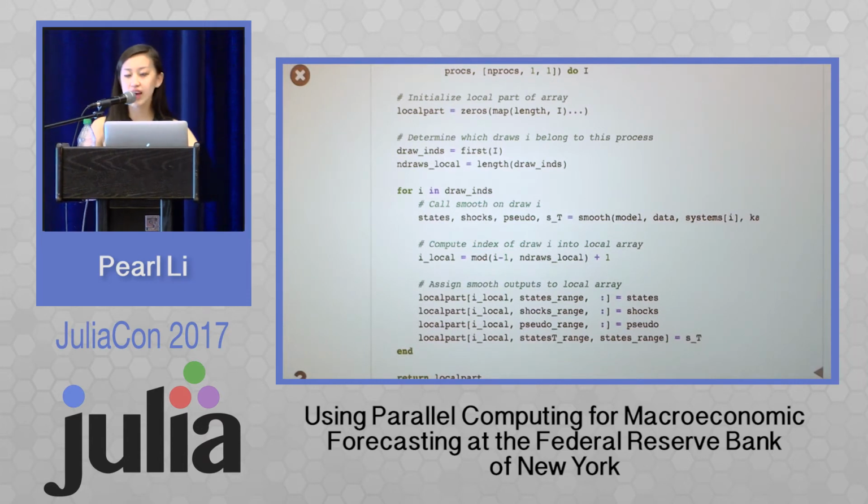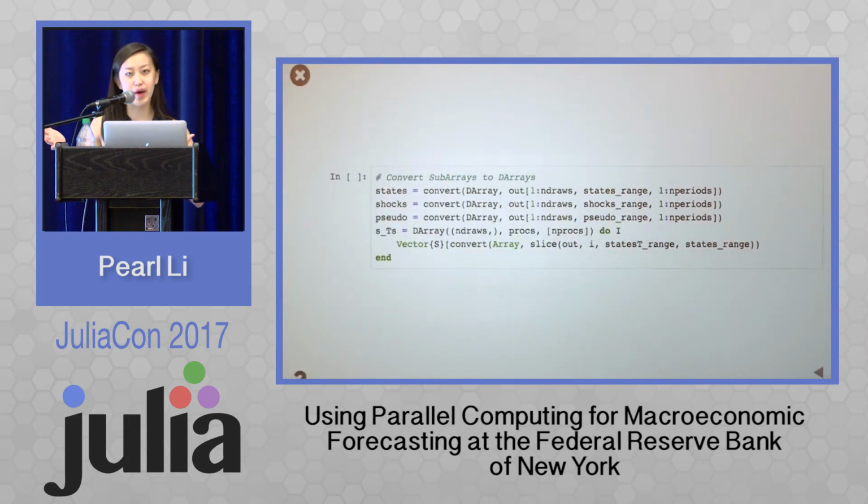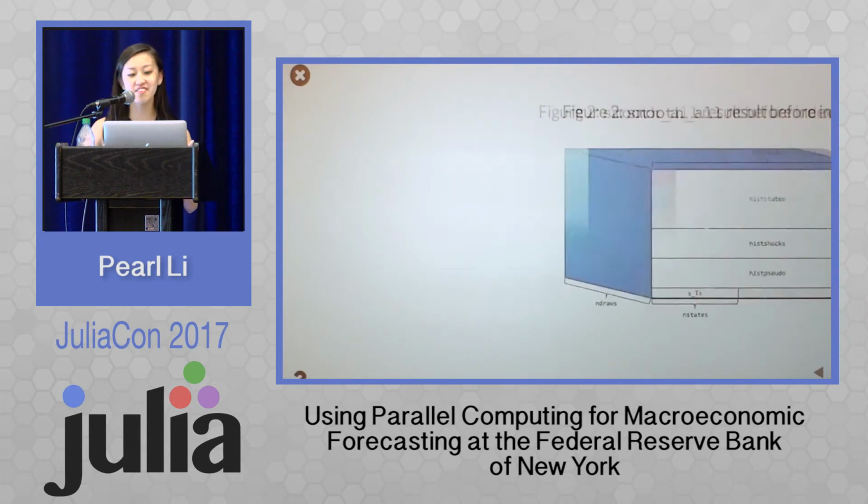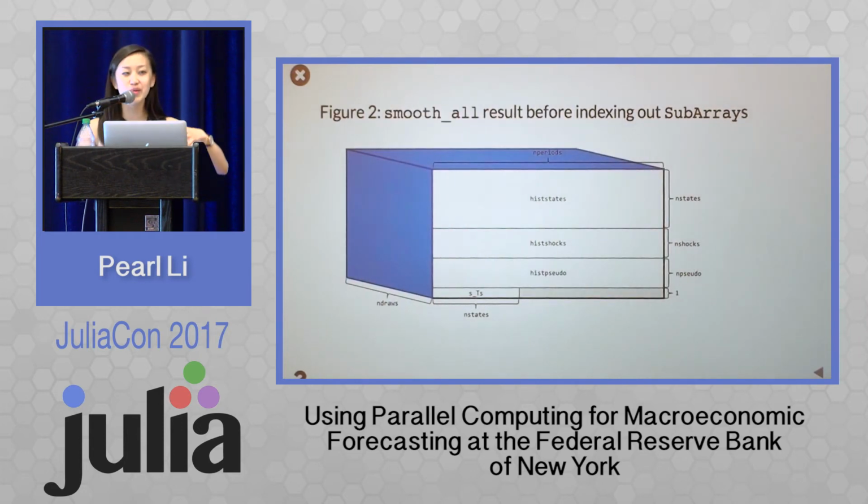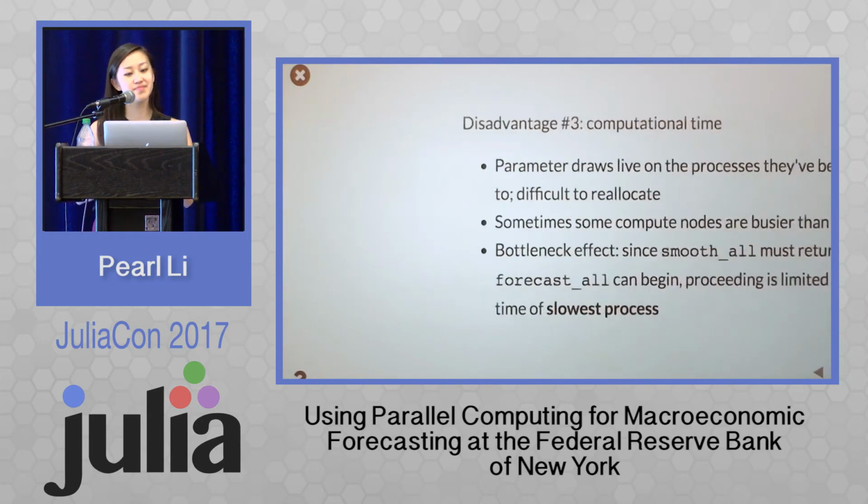And then at the end, we have this local array, which has these 4 outputs stacked on top of each other. Then we index them out, and we get 4 distributed arrays. So for a visual aid for what this looks like, we just return this big darray. And you can see that since not all of the outputs are the same size along the one dimension, we have a lot of wasted space right here, which is bad. It's all kind of bad.